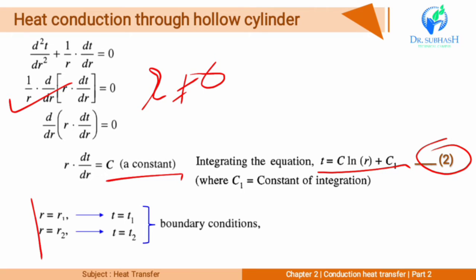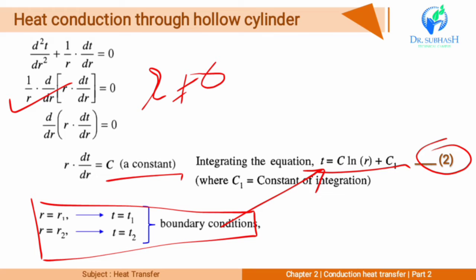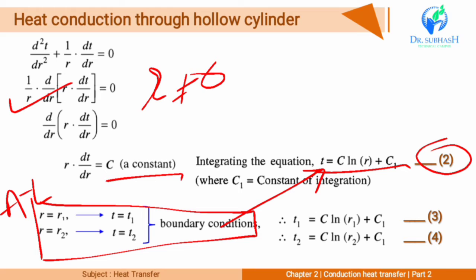Let me apply the boundary conditions to this equation of T. At R is equal to R1, T is equal to T1, and at R is equal to R2, T is equal to T2. By applying these boundary conditions, we get two equations, say 3 and 4: T1 is equal to C ln R1 plus C1 and T2 is equal to C ln R2 plus C1.